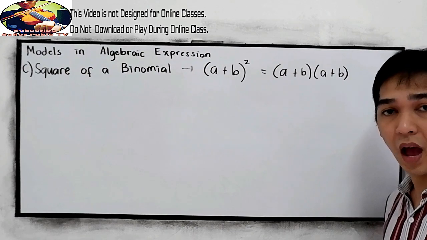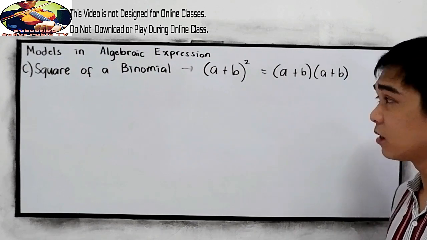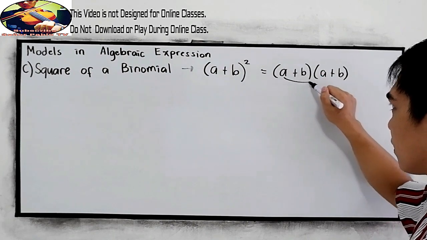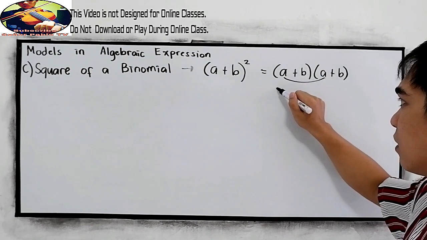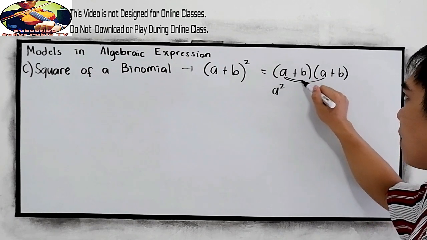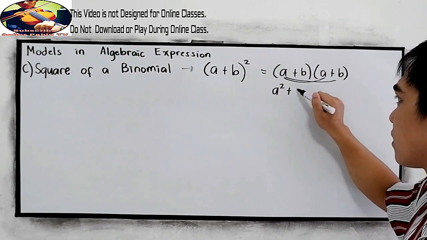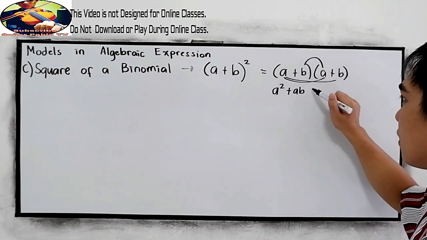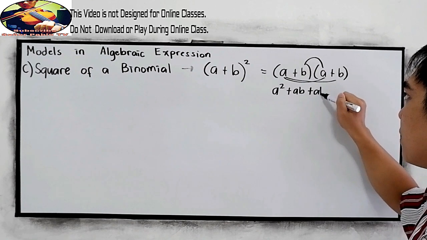Now, getting the product, we use the FOIL method. So, square the first term, or a times a, that is a squared. Next, a times b, that is positive ab. Next, b times a, that is positive ab.